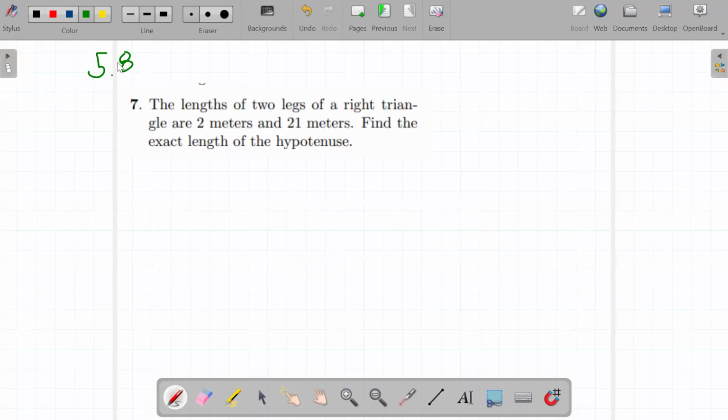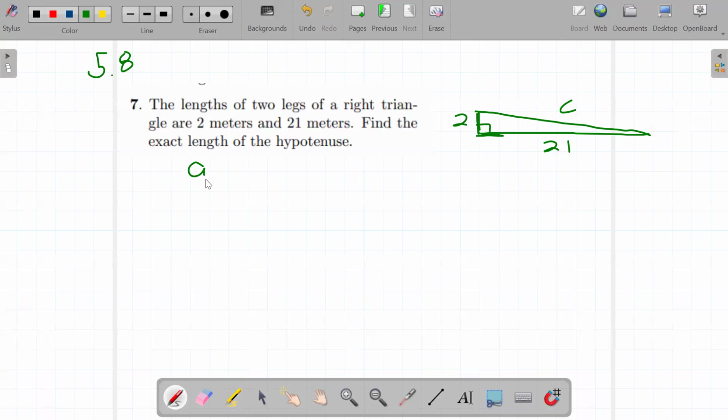The lengths of the two legs are 2 and 21. Okay, so this is a skinny triangle. So I'm going to say that's about 2, and maybe that's about 21. I'm not worried about getting it exact, but it's shaped something like this. And there's a right angle between the legs. And they want me to find the hypotenuse, which we usually call c.